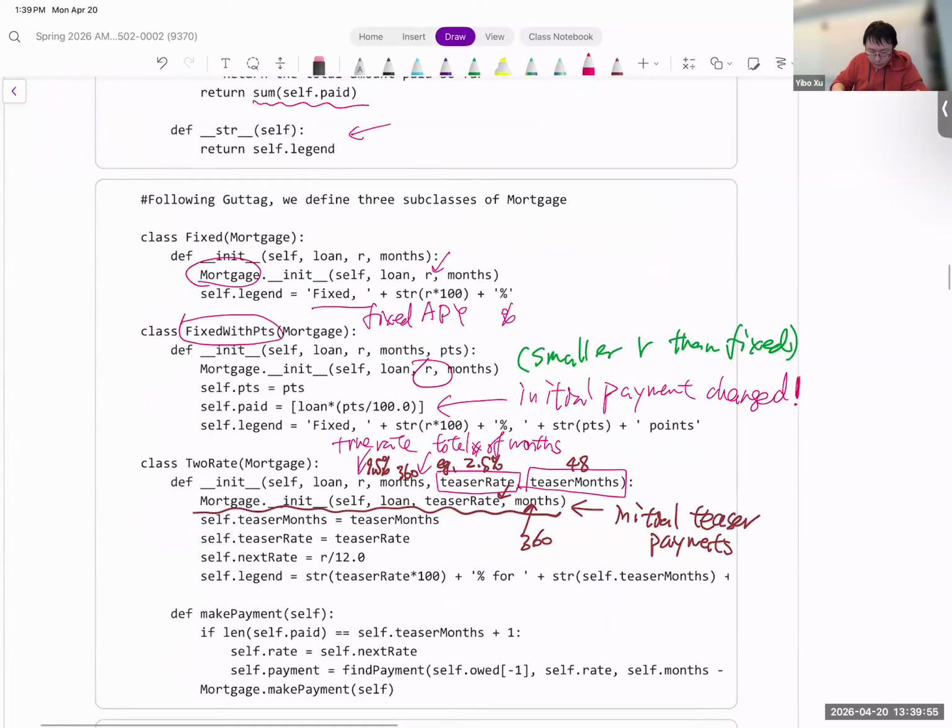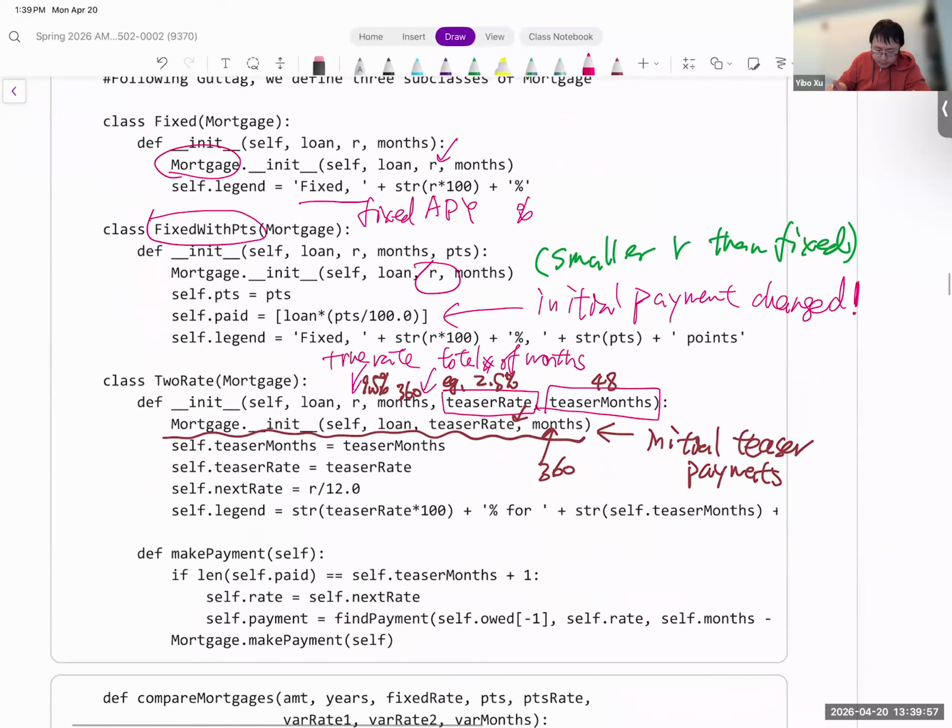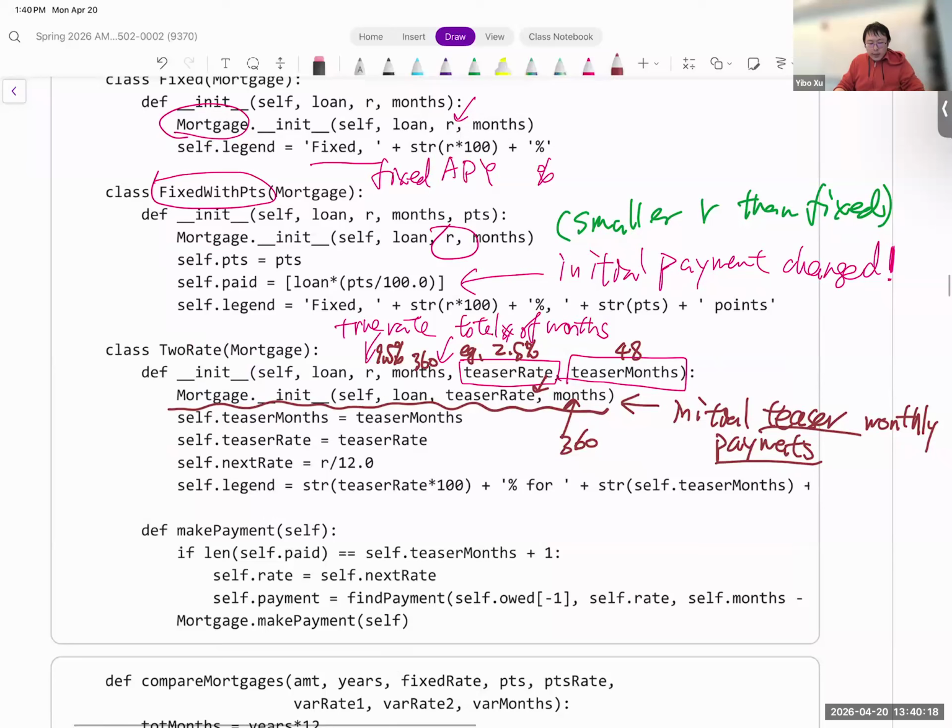And then now you're saying, here there's the teaser monthly payment. That's here, teaser monthly payments. And then we need to specify also something new.